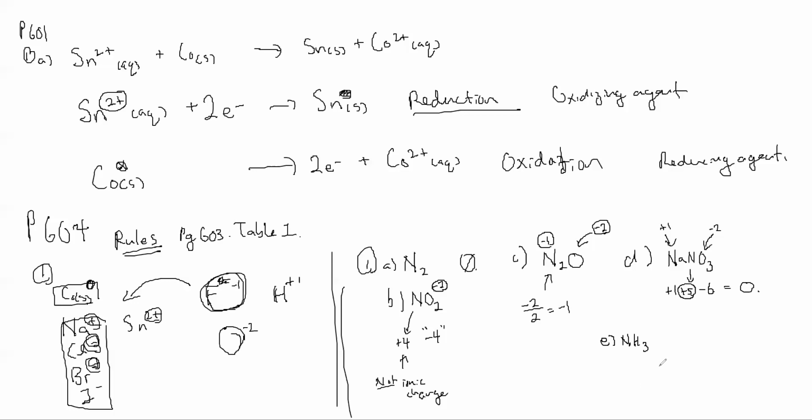I know that's really weird, okay? In this particular case, it is not a metal hydride, it is covalent, which means hydrogen is going to have an oxidation number of +1. Having 3 hydrogens means it's going to have a total of +3. That means nitrogen has to have an oxidation number of -3.